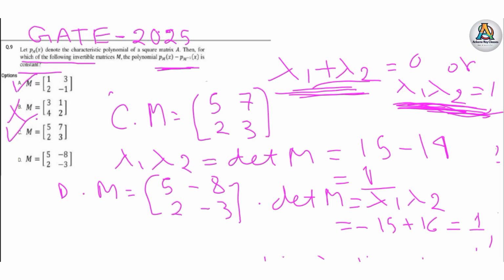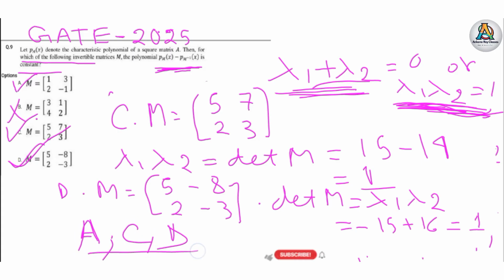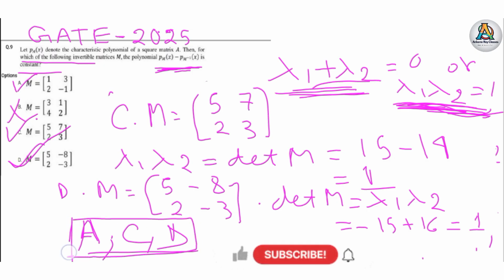Therefore, for this M also, P_M(x) minus P_M inverse(x) is constant. So option D is also correct. The correct options are A, C and D. This is an MCQ type question, so more than one option can be correct. Correct options are A, C and D. Thank you.